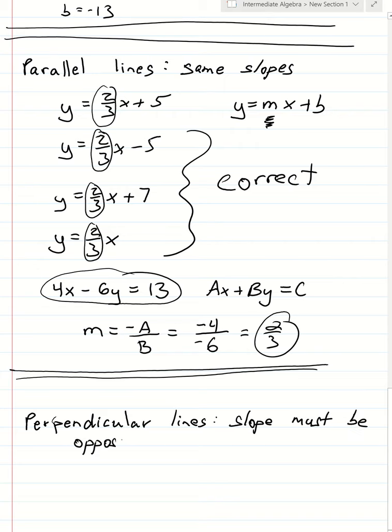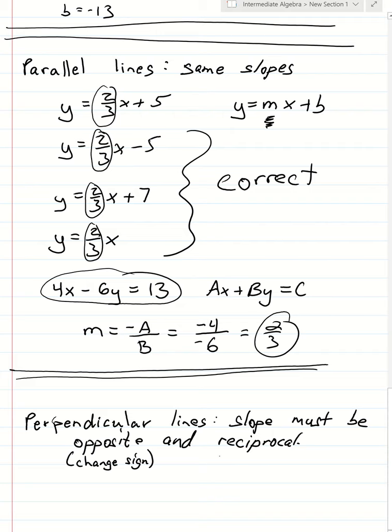Now, we've heard that term before. And reciprocal. And that's another term we've heard as well. When you talk about opposite, okay, that means you have to change the sign. If something is positive, you make it negative. If something is negative, you must make it positive.